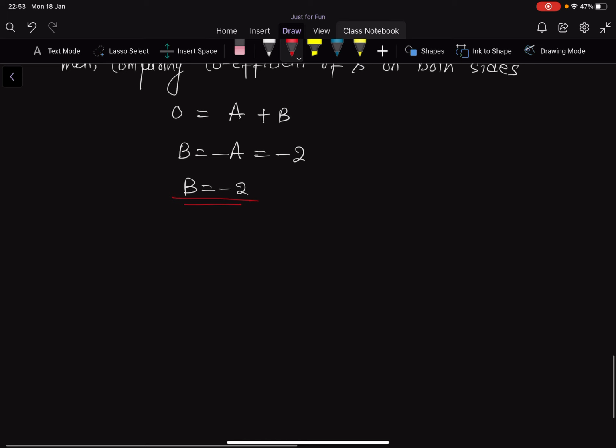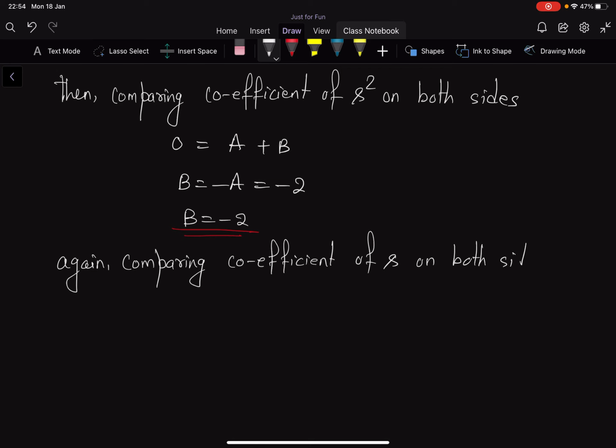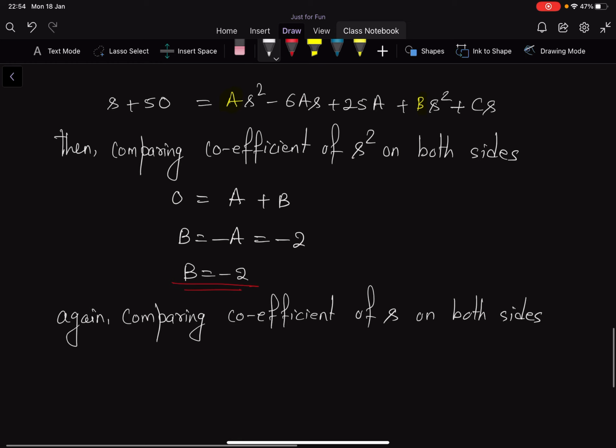Now we need c. To get the answer for c, again we are going to compare the coefficient of s, this time just s on both sides. If you look at the equation, on the left hand side we have 1, equals, on the right hand side we have 25a, minus 6a, and then c plus c.